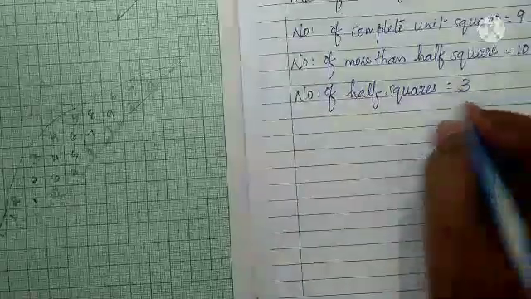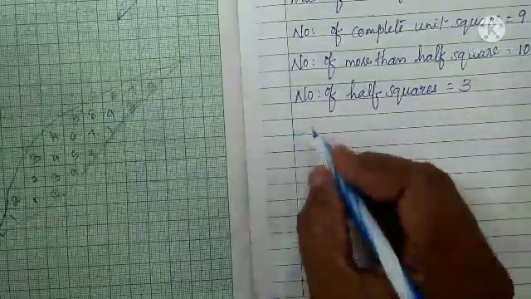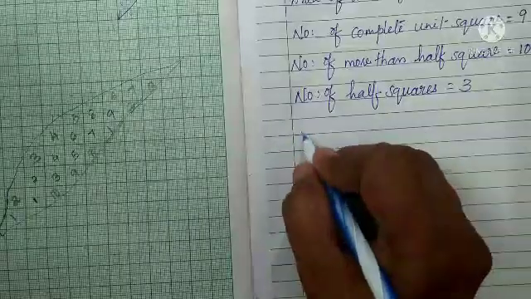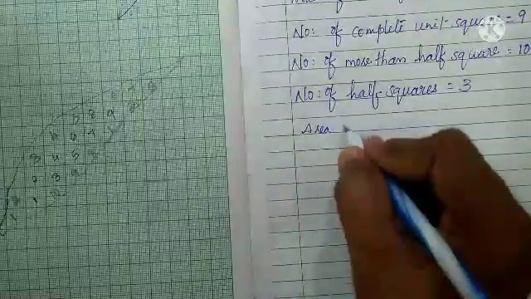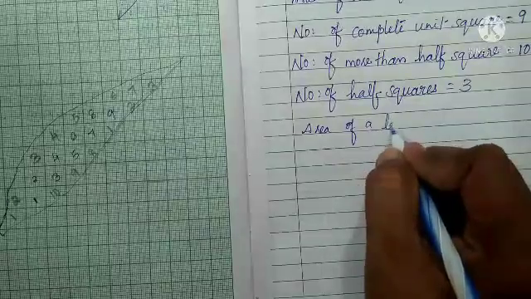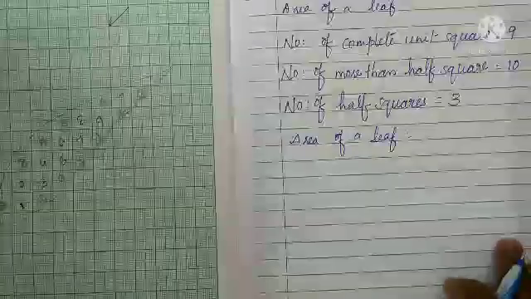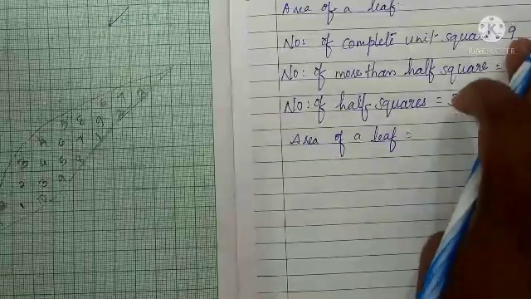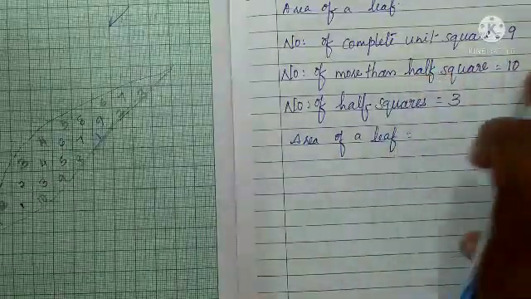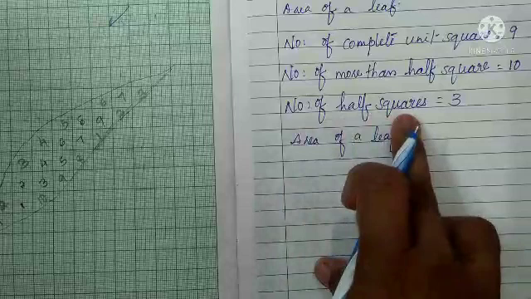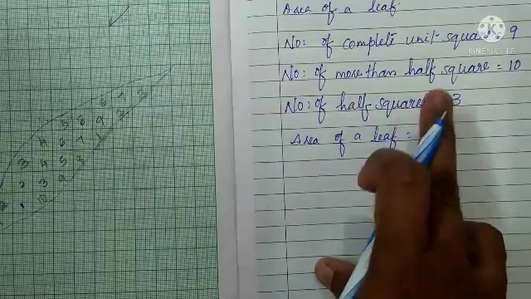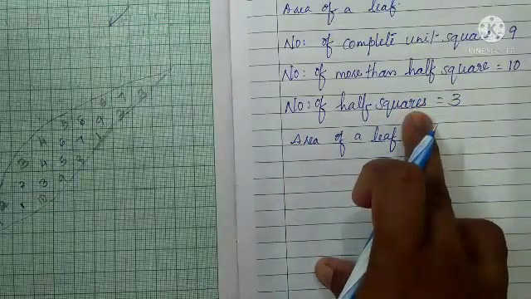So finally we conclude the area of a leaf is equal to the total of complete squares, more than half squares and the number of half squares. But half squares, how can we calculate?